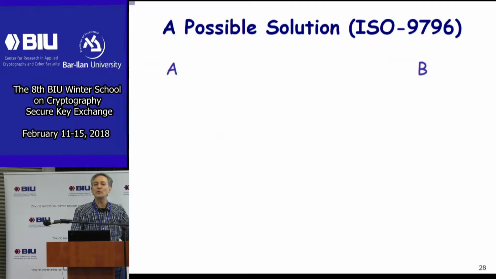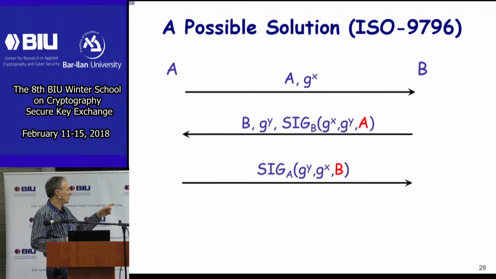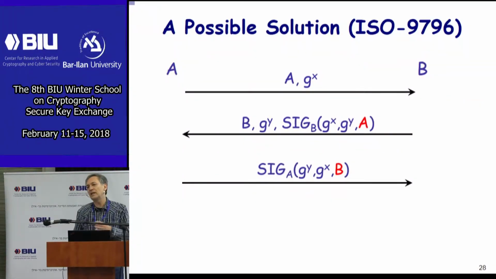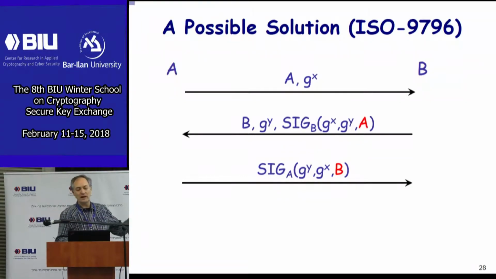Okay, so how do we solve that issue? Well, we have this simple solution, which is we include under the signature the identity of the peer. I mean, if Bob thinks that he's talking to Alice, then he will include the identity of Alice under the signature. Same thing Bob will do.